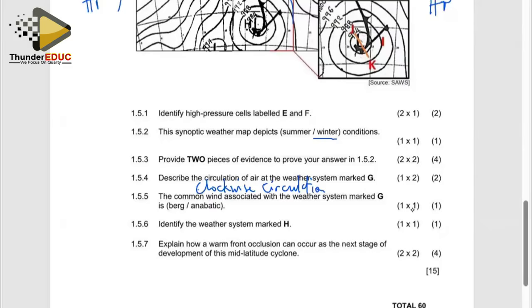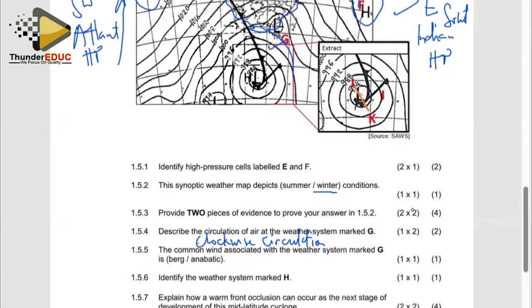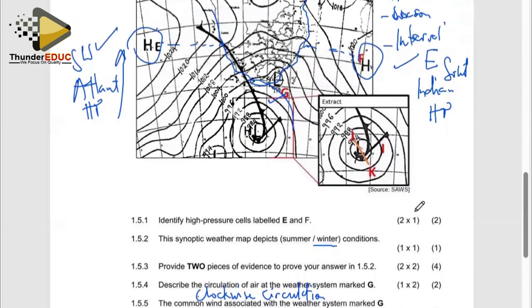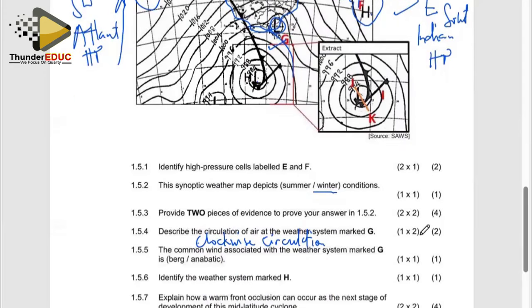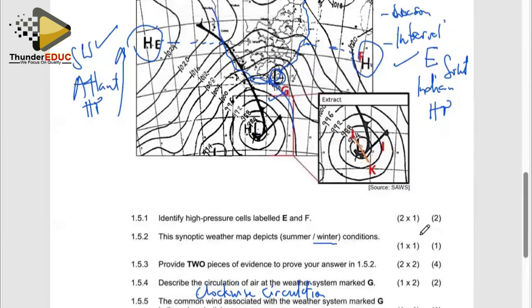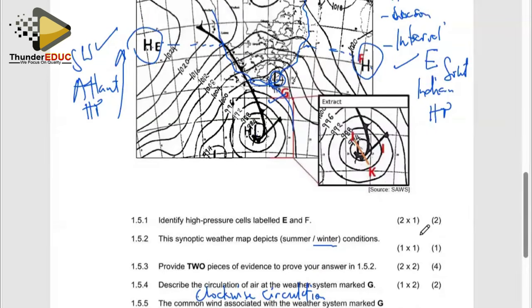Question 1.5.6, it says, name the common wind associated with the weather system marked G. Let's look at the weather system marked G. What kind of weather system is associated? This is a coastal low. See a low pressure here. For the same reason, this is a coastal low. What is happening with the coastal low? Remember, we said they move from the western coast to the eastern coast.